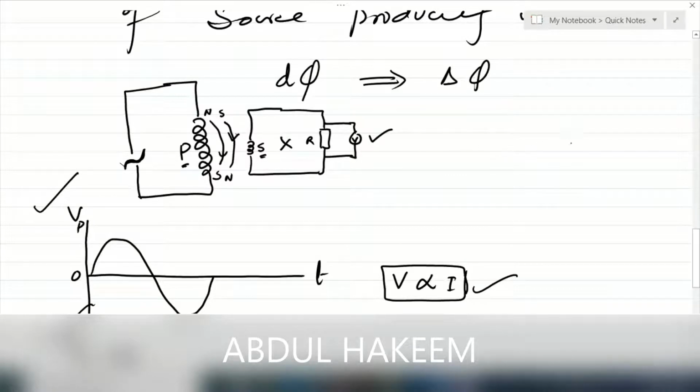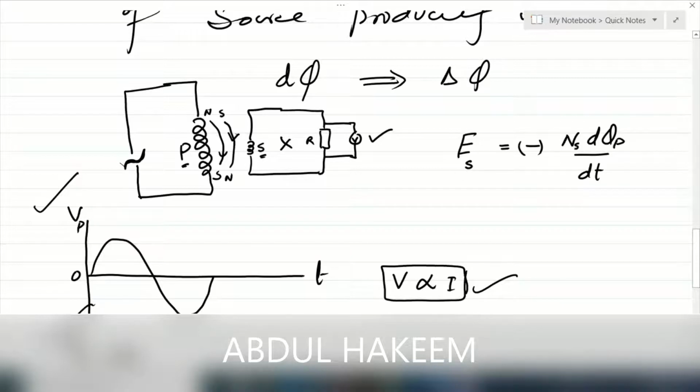According to Faraday's law, EMF induced in the secondary coil will be minus N d phi over dt. Suppose we ignore Lenz's law, the negative sign. The flux is provided by the primary coil.